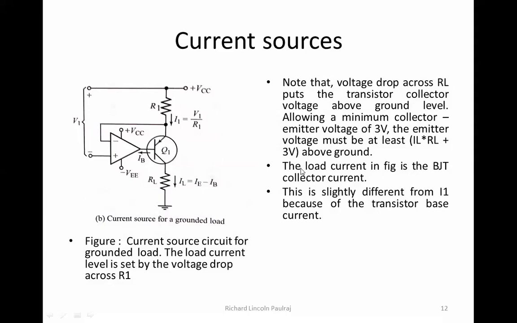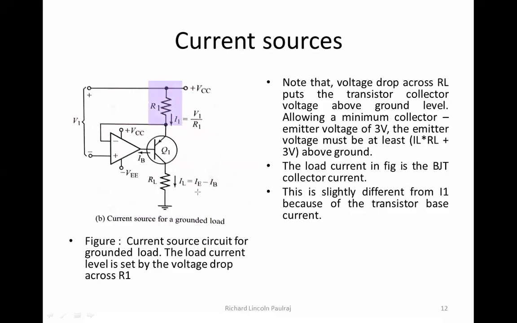So the load current level is set by the voltage drop across R1. So here the key factor, the important resistor, turns out to be R1 because it is indirectly controlling the value of IL.